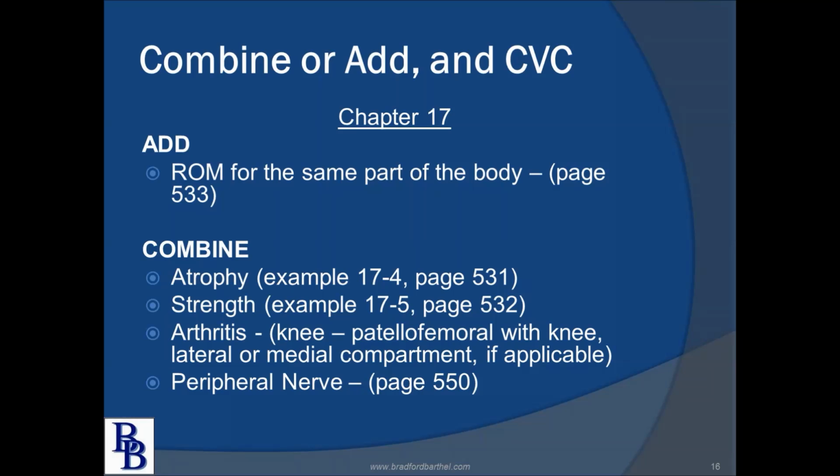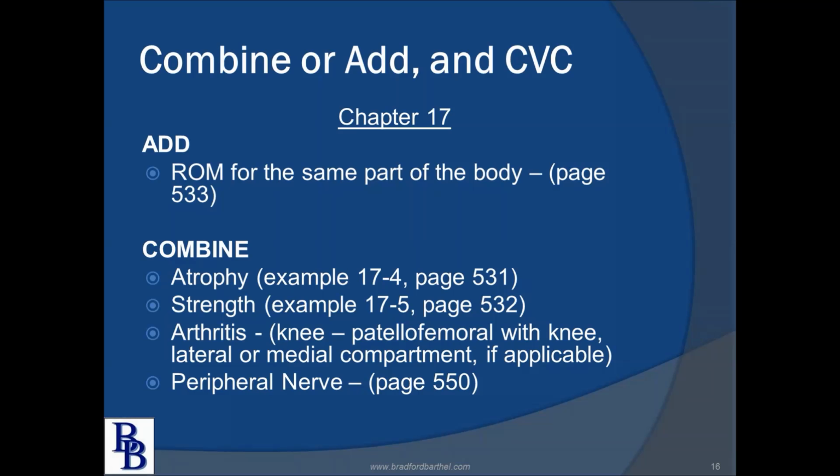Arthritis, if you have arthritis for two portions of the knee, for instance, you would combine those two arthritis impairments. And for the knee, it's possible to have arthritis in both the patellofemoral joint and one of the lateral compartments. And if there is arthritis impairment assessed for two compartments, then those are combined.